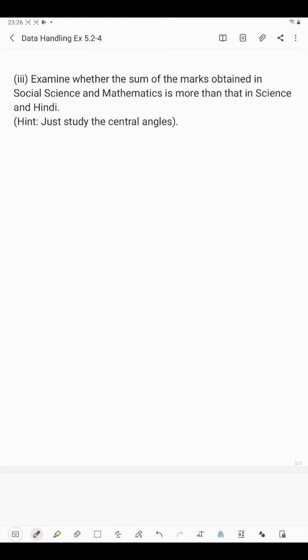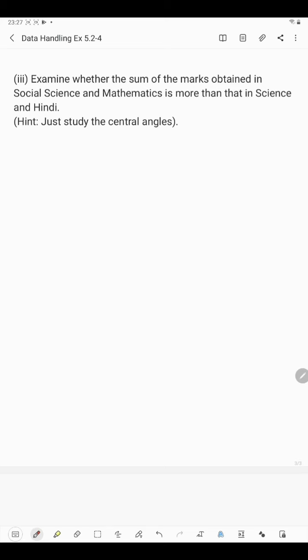Now in the third part we have to examine whether the sum of the marks obtained in social science and maths is more than in science and Hindi. In the hint we just have to study the central angles.